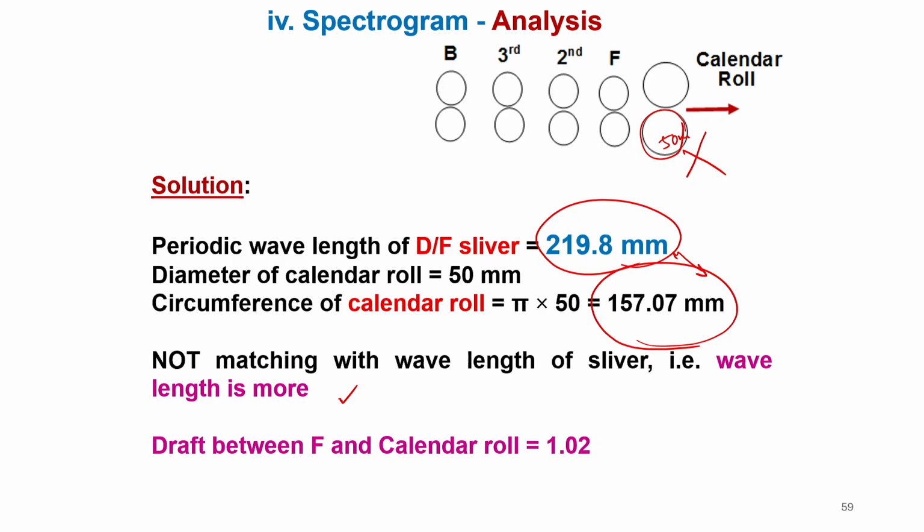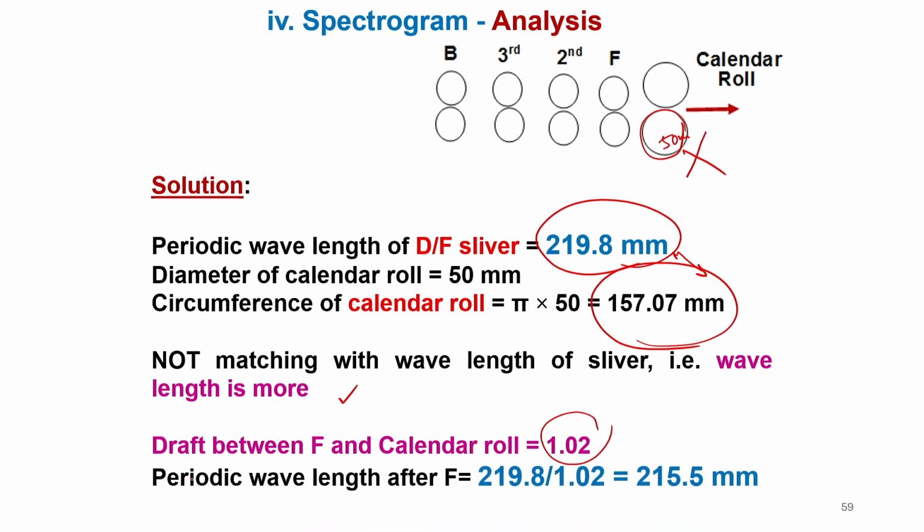Next is the draft between the front roller and calendar roller, which is given as 1.02. If we go back, the periodic wavelength after the front roller will be 219.8 divided by the draft in this zone, so it is 215.5 millimeter.